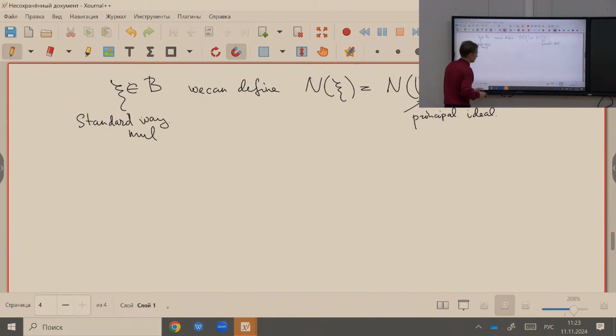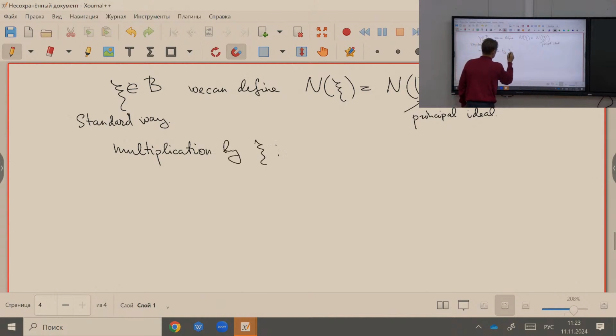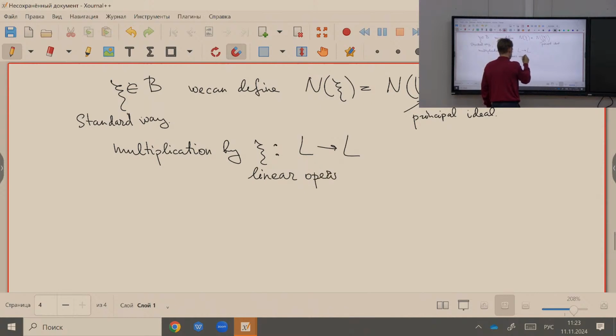So we can consider a multiplication by psi on the field L. So this is a map from L into L, and this is a linear operator, of which we can take the determinant.